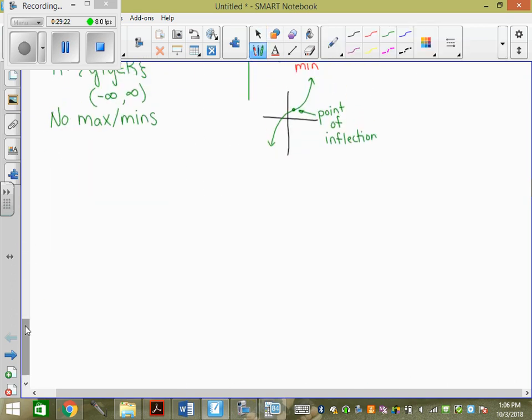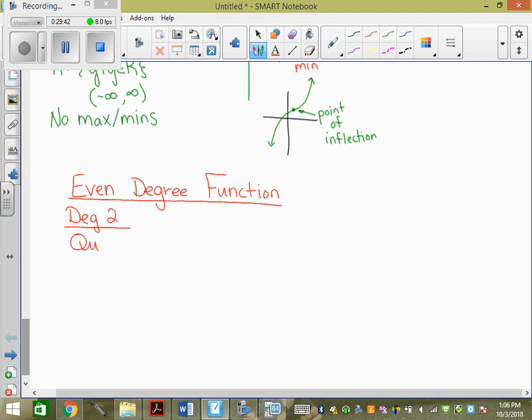So say we do even degree functions. You either have degree 2, which is quadratic, or degree 4, that's a Q, which is quartic.